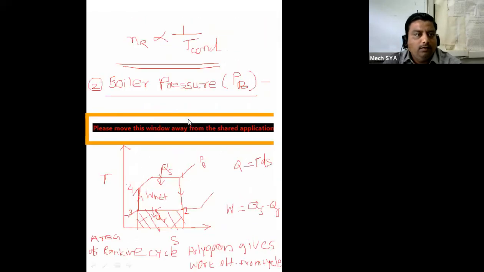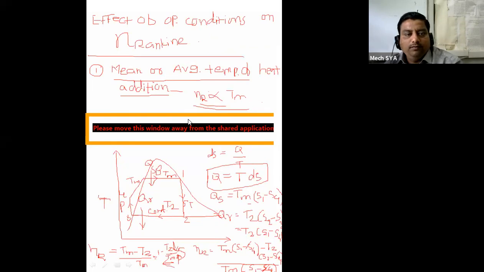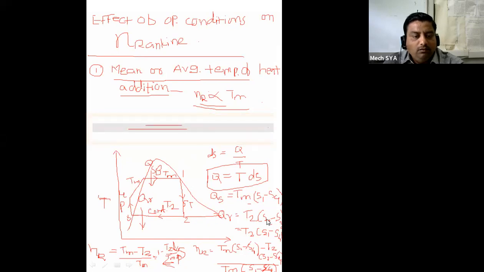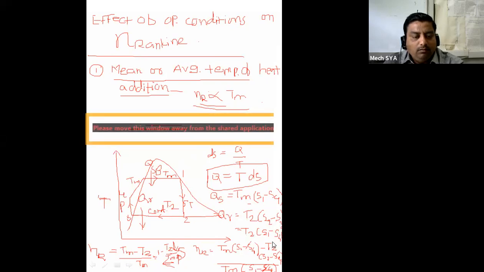We started with the mean or average temperature of heat addition. Eta Rankine is directly proportional to temperature. If it is an isothermal process, we can assume QS is equal to Tm into (S1 minus S4). Heat rejected, because it is a phase change process, remains constant. QR is equal to T2 into (S2 minus S3). But S1 is equal to S2 and S3 is equal to S4, therefore T2 into (S1 minus S4).